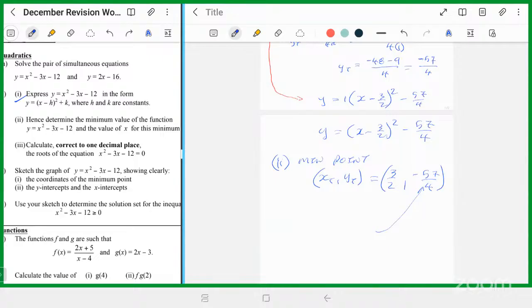And it is a minimum value of the function. And that occurs when the x value is 3 over 2. Because look at it, if this x value becomes equal to this xt value, then x minus 3 over 2 is going to be 0. Then your y value is going to become negative 57 over 4. That's why that is the y value at the turning point when x equals the x value at the turning point.